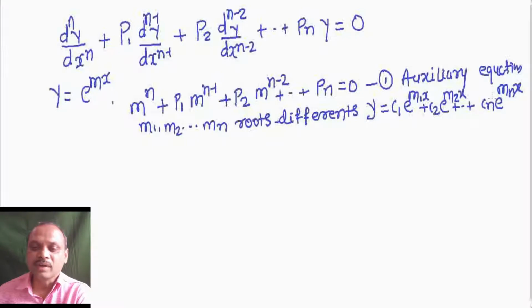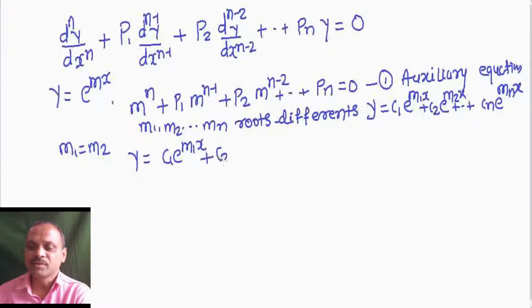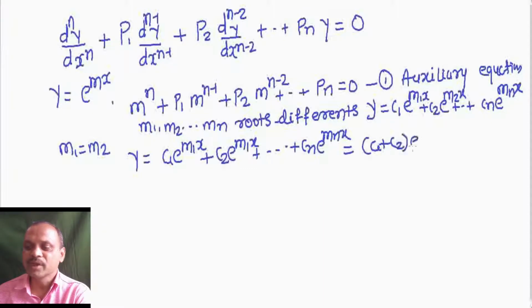Now what happens if the roots are equal? That means if m1 equals m2, then we get y = c1 e^(m1x) + c2 e^(m1x) + ... + cn e^(mnx) = (c1 + c2) e^(m1x) + c3 e^(m3x) + ... + cn e^(mnx).